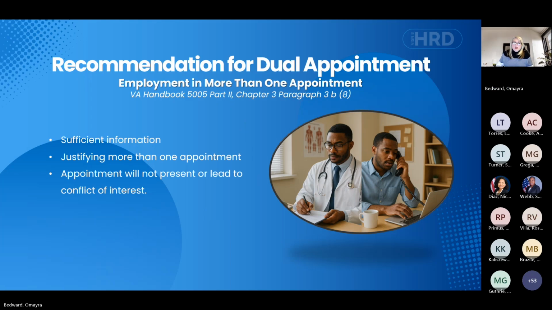Now, the recommendations for dual appointments. That part is covered in 5005, Part 2, Chapter 3. This is paragraph 3B8, okay? And it says, and this is very, very important, and I will tell you why after.